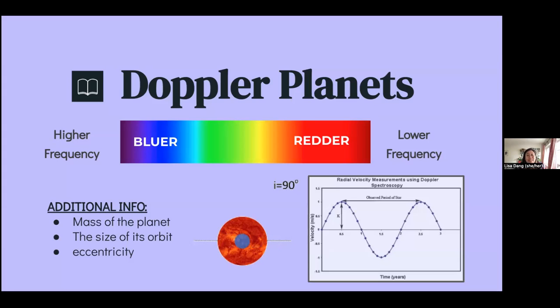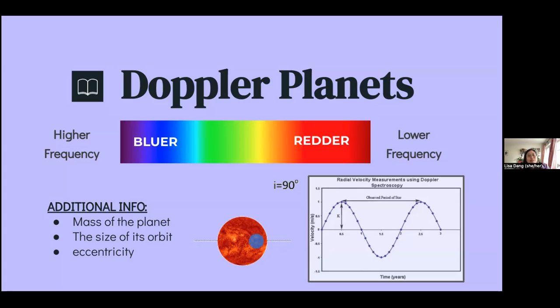Another way of leveraging the same phenomenon is Doppler planets, using the same concept of conservation of momentum but a different method of detection. Doppler planets, instead of residing on face-on orbits, are on edge-on orbits. What we observe is the radial motion of their host star, which can be detected in spectroscopy.